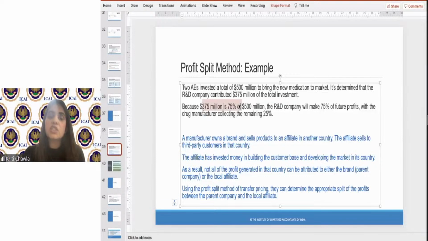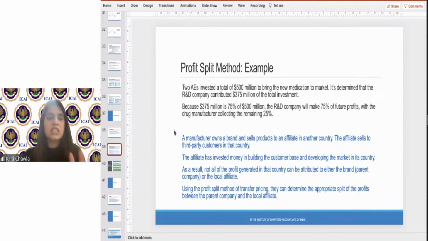In this particular situation, they said, let's see how much was involved in terms of functions. Similarly, they have to make their own decision whether they want to split in terms of functions performed, or the assets used, or the risk assumed by them. It just depends on their own facts and circumstances. So that's really the profit split method.